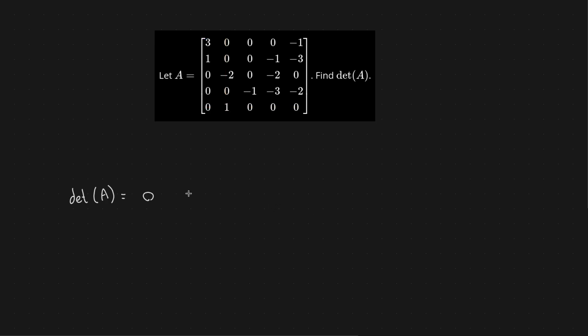So I'm going to have the 1 and then the determinant of what's left over, which is after I cancel out that row and that column.